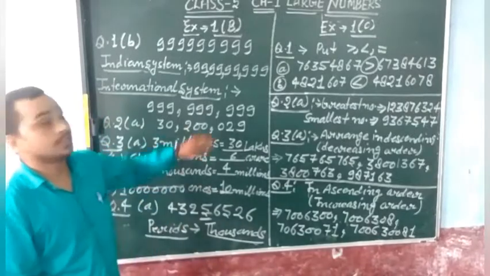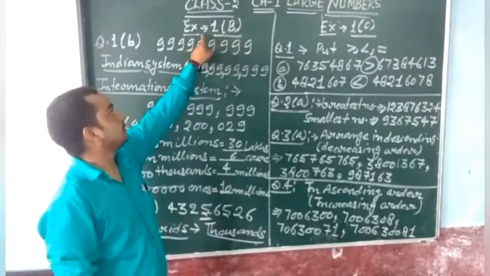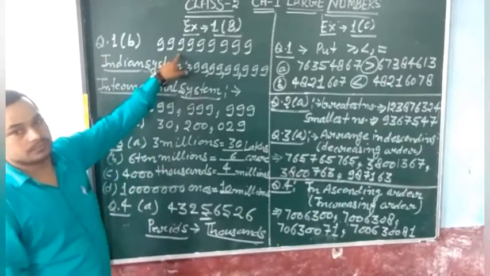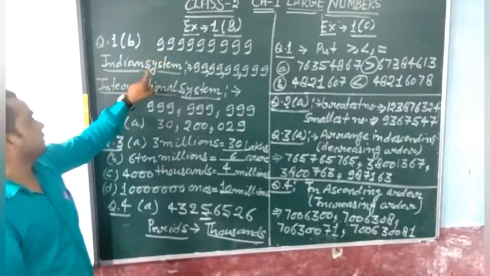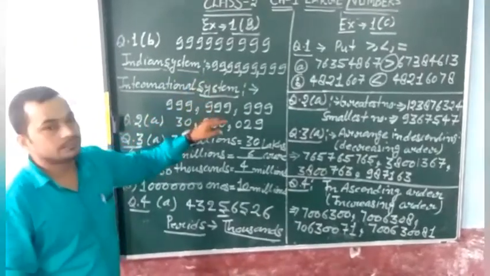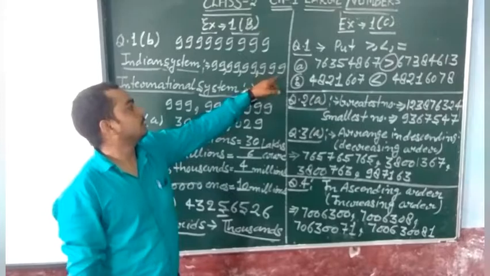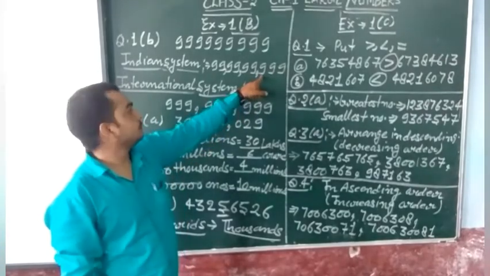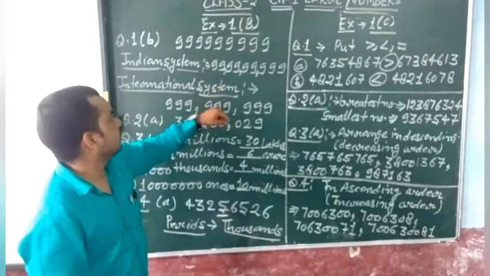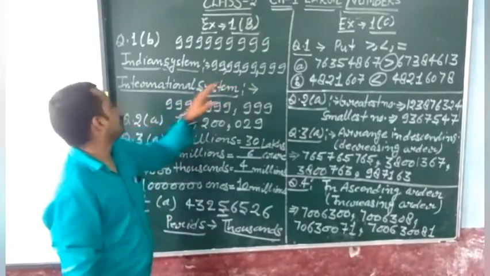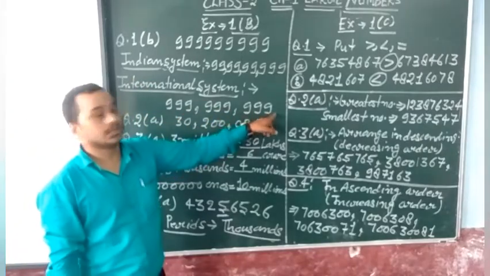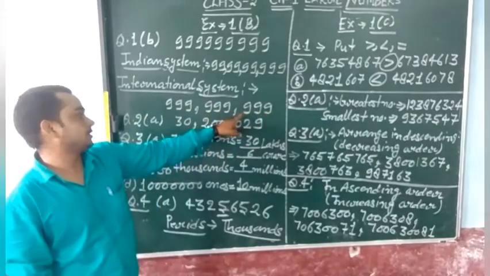Students, the next exercise of class 5 chapter 1, exercise 1B. A number is given. You have to write it in the Indian system. In the Indian system, we insert a comma after 3 places, then after every 2 places. In the international system, we insert a comma on the right side after every 3 digits.